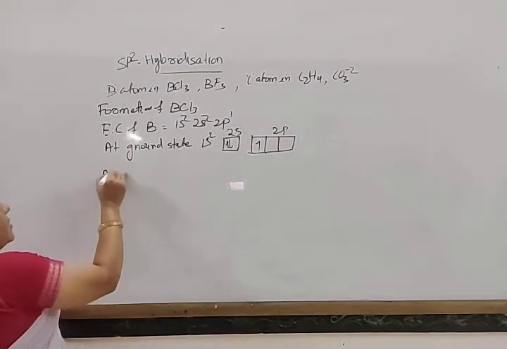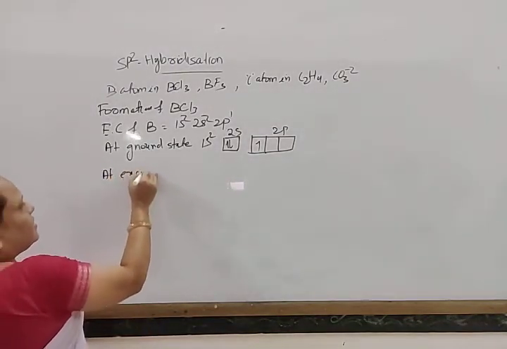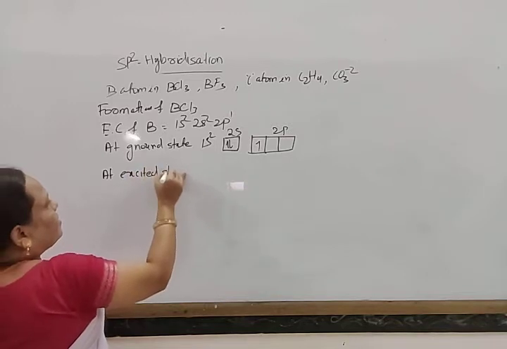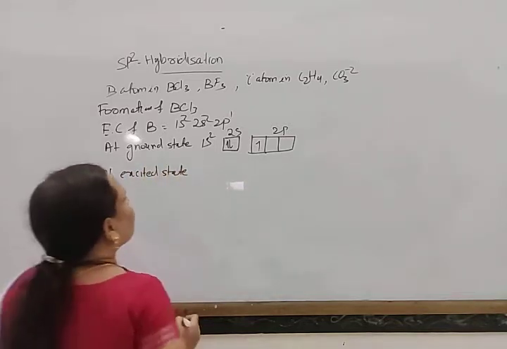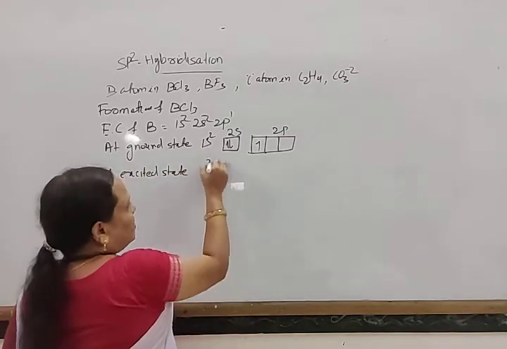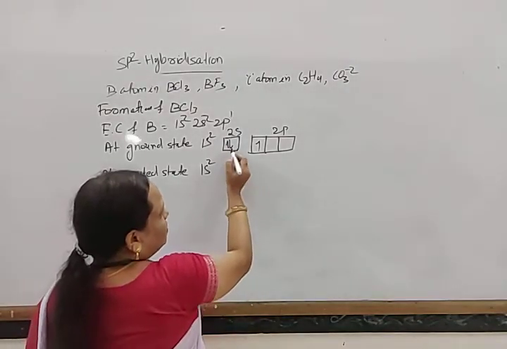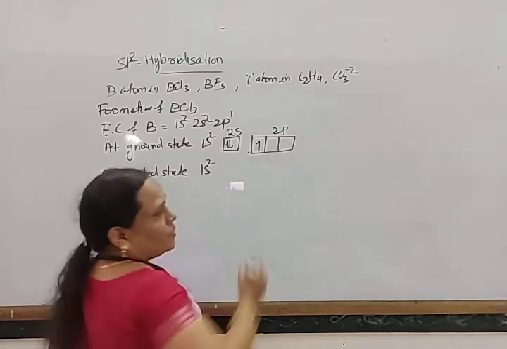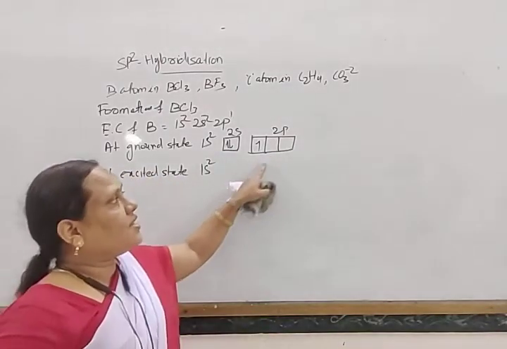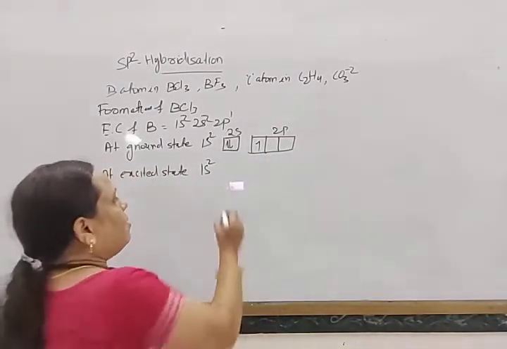And what happens at the excited state? At the excited state, the configuration of the inner shell remains as such, and in the valence shell 1 electron from the 2s is promoted to the 2p.